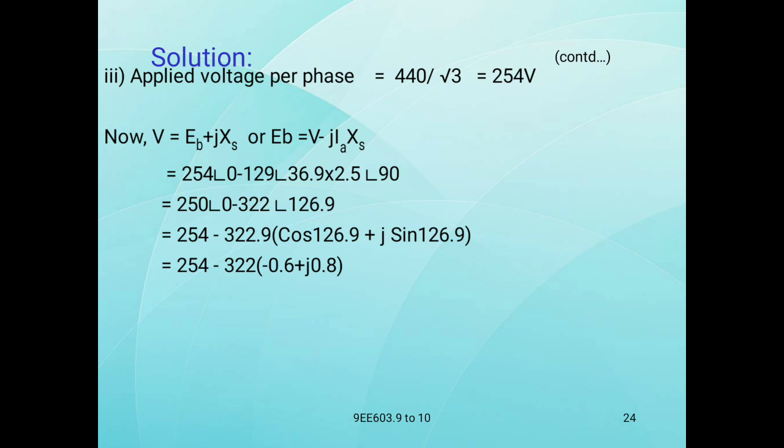Here 254 minus 322 within bracket minus 0.6 plus j 0.8. Finally Eb is equal to 516 angle of minus 30 degrees. Therefore alpha is minus 30 degrees.